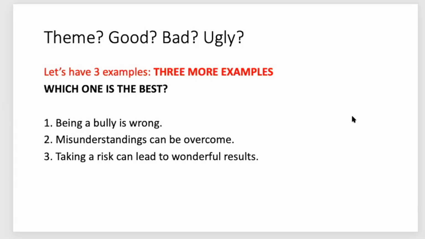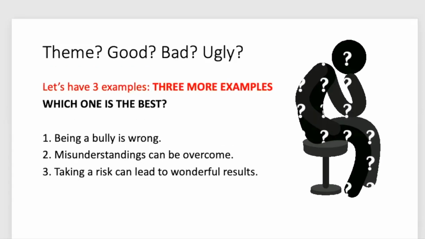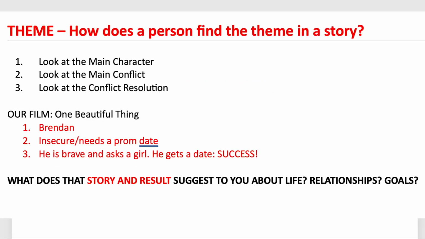So if you were asked to write a thematic paragraph about a piece of literature, then you need to figure out the theme before you start writing. And the way that you figure out the theme is? It's the storyline. Sure, the plot helps you.